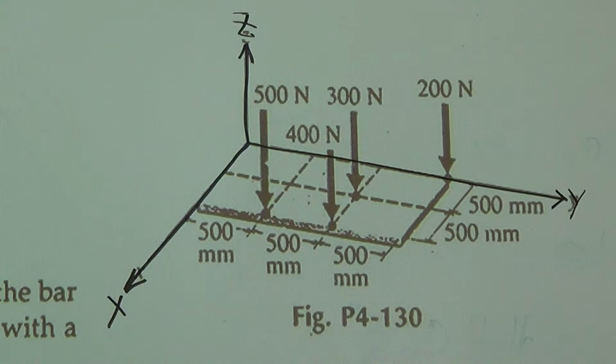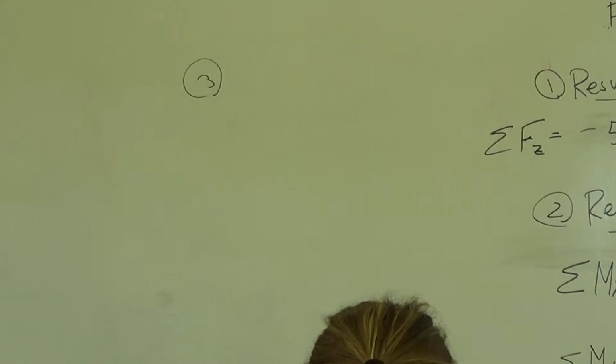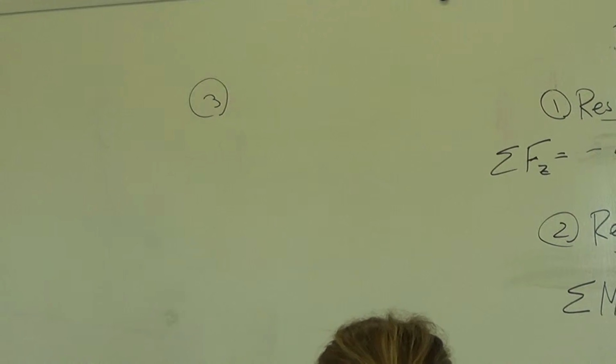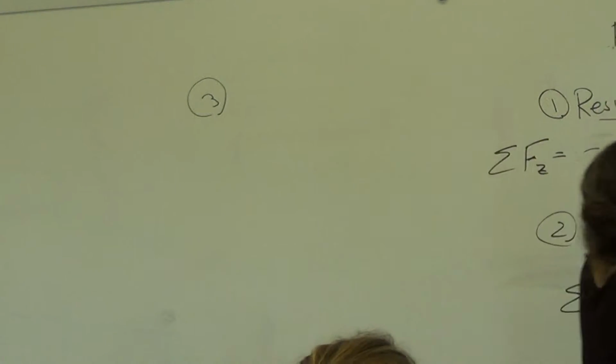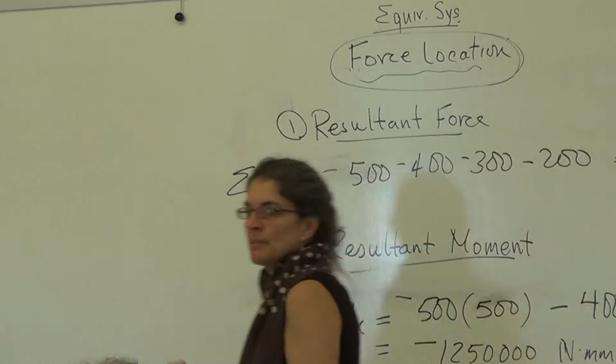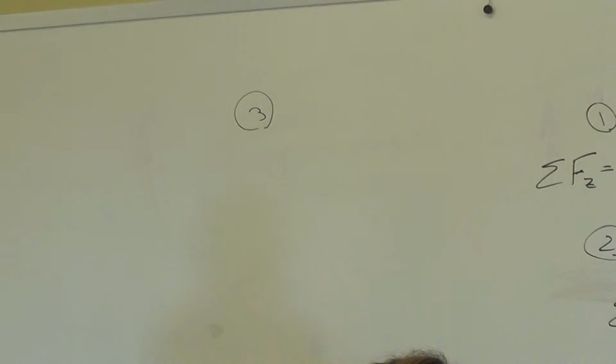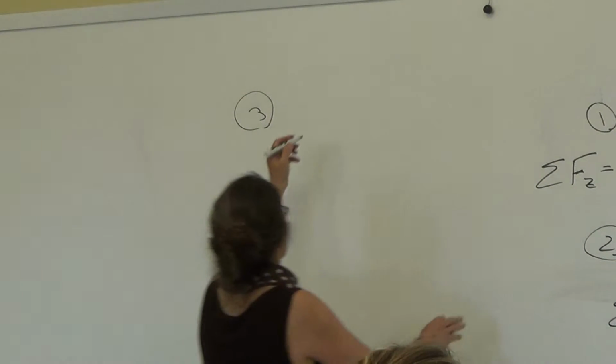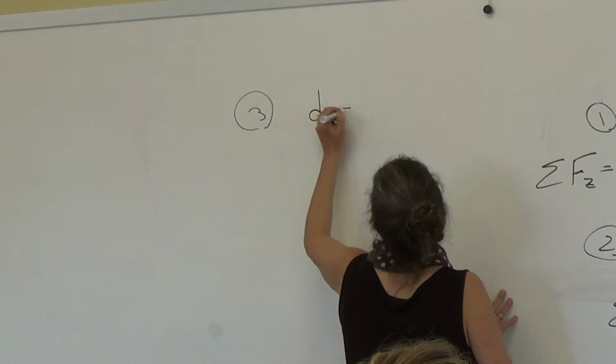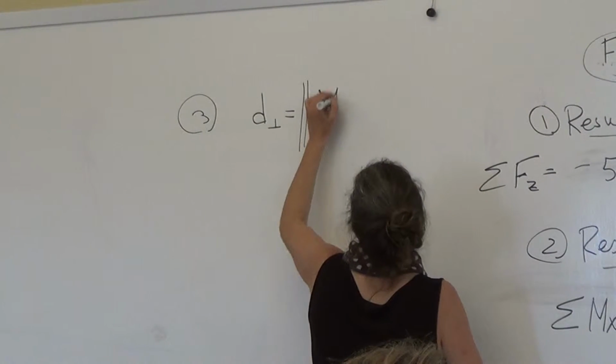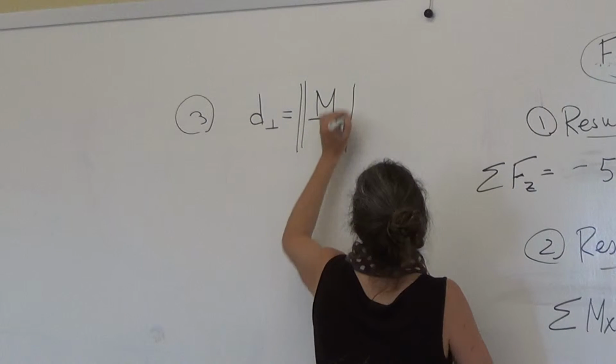So what's the next step after we calculate the resultant force and the resultant moment? Go back to the steps we had. For a force location problem, what's the next step? Determine the perpendicular distance, which is equal to the moment divided by the force.